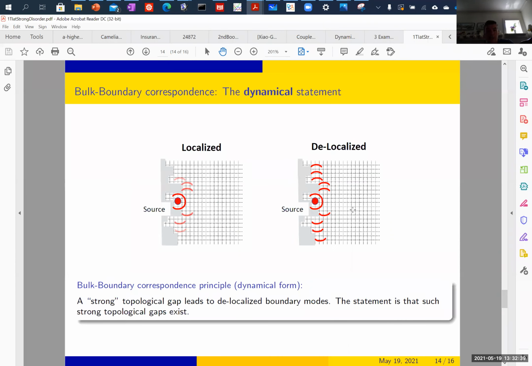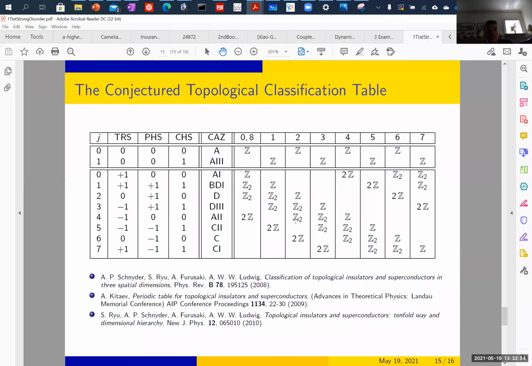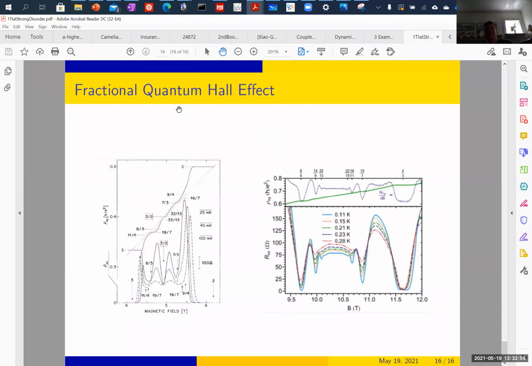As Hermann mentioned, such results only hold when the level of disorder in the bulk is weak. And we can have strong disorder on the boundary.